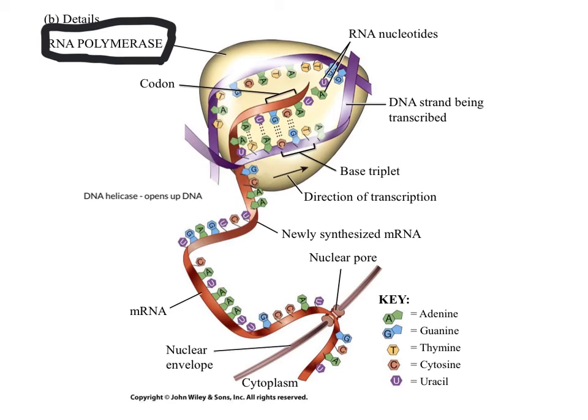I mentioned that the other day in class. And so we can open that up and we can get that mRNA. So we're going to synthesize mRNA from the DNA with RNA polymerase. DNA helicase opens that up first in order for that to happen. And then eventually we're going to get that mRNA out of it.